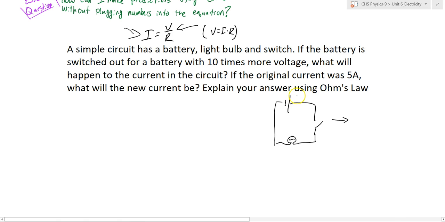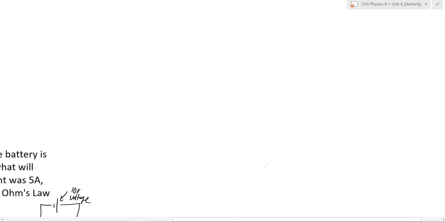Let's say that this is some voltage, and then we're going to get a new one that looks identical. This one is going to be 10 times the voltage. In order to do this, we have to really think about what Ohm's law really tells us, because that's what we're going to use to solve our answer.